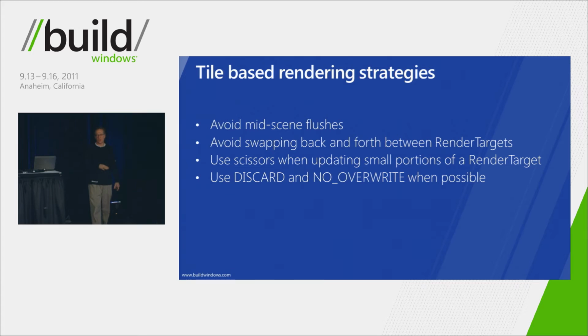The other thing that's here is discard and no overwrite. So when you have resources that are on the GPU, you're going to map those resources so you can actually write to them on the CPU. When you map them, you can actually give hints to us, to the operating system, to say, the stuff that was in there before, I don't care about. Right? Which is what discard means. Throw it away, it doesn't matter, I don't need it again. I'm going to map it and I'm going to write over it completely.